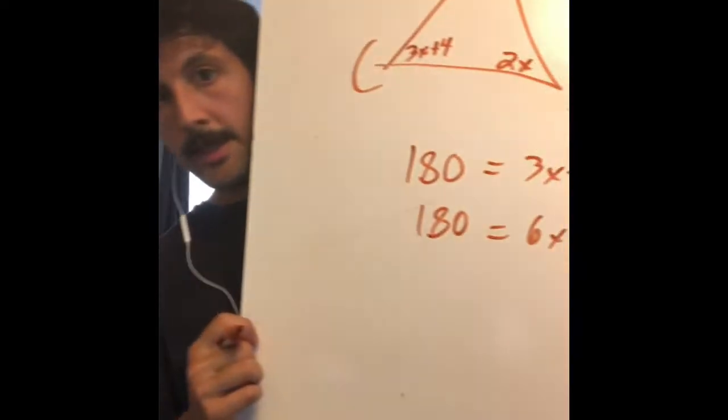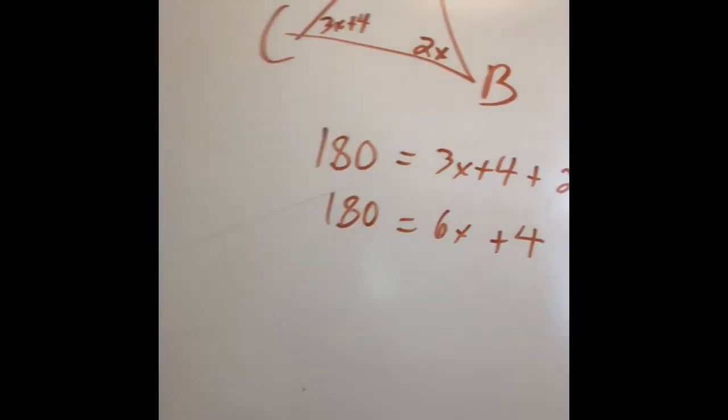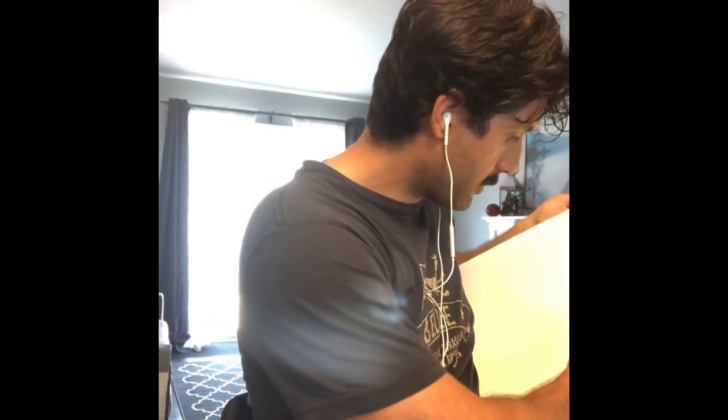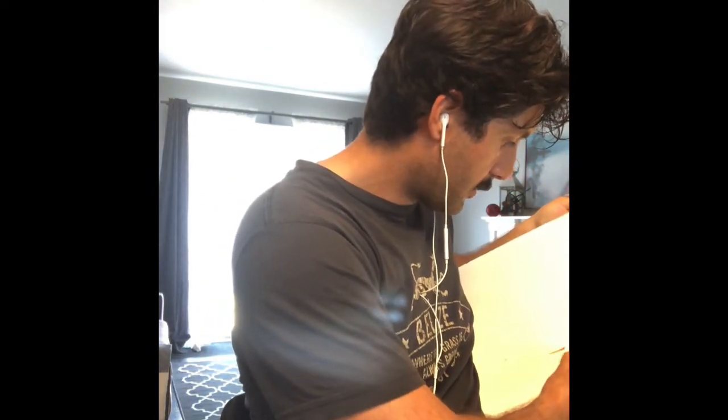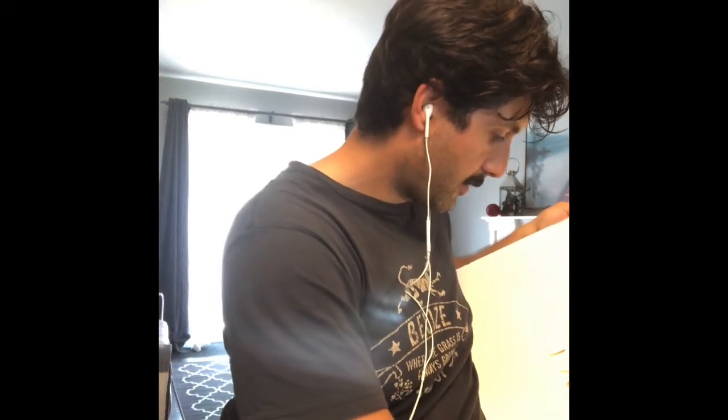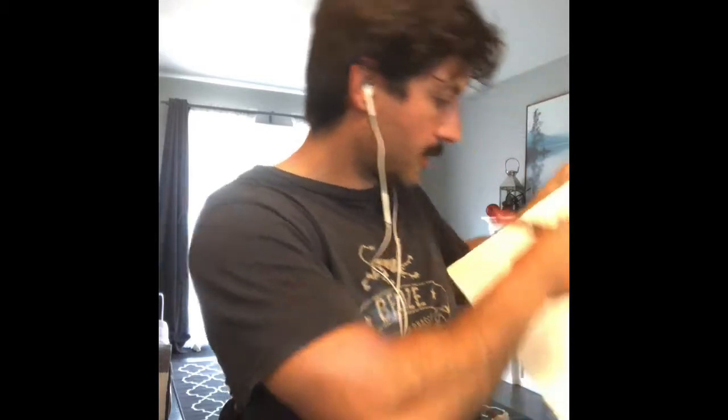So as I said, 180 = 6x + 4. Subtract the 4 from both sides: 176 = 6x. Divide by 6 on both sides.